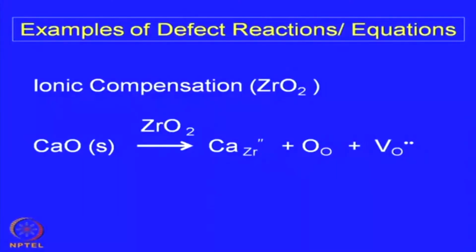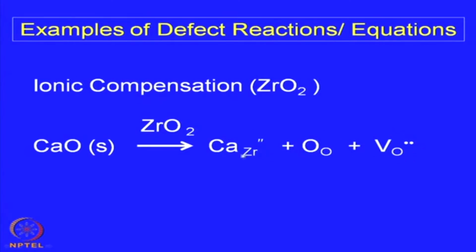So, the charge has gone out or been added. The valency is not changing, but the concentration of the metal or oxygen ion may be changing. That is what we call ionic compensation, and there are some important compounds where such things happen.